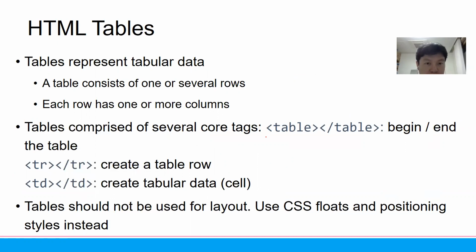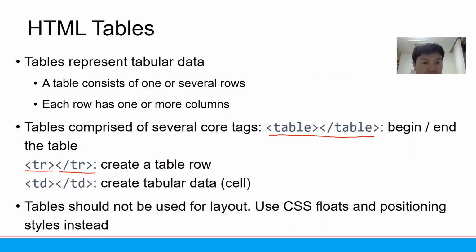A table is comprised of several core tags. So you have the table, and if you remember, when you are making a tag, you need to make the beginning and the ending tag. Okay, and after you have the table, you need to create the row. So we use the tr, and don't forget to make the ending.